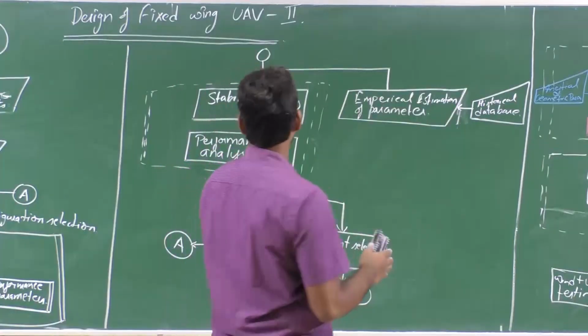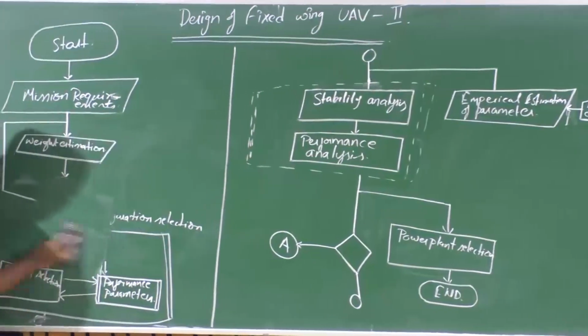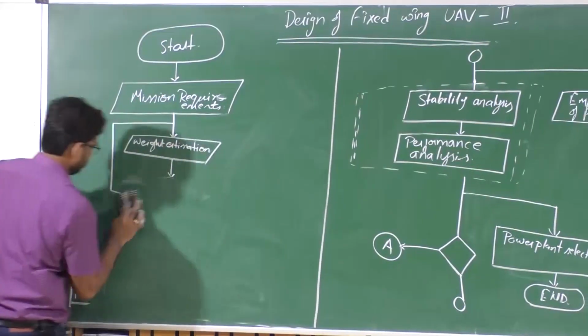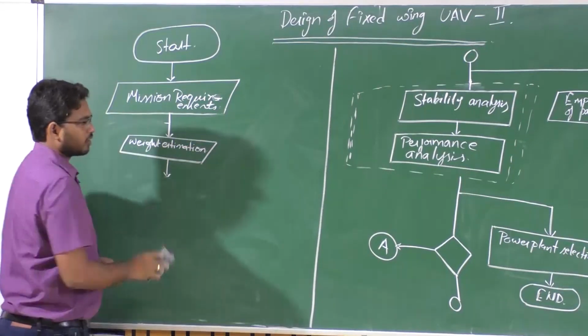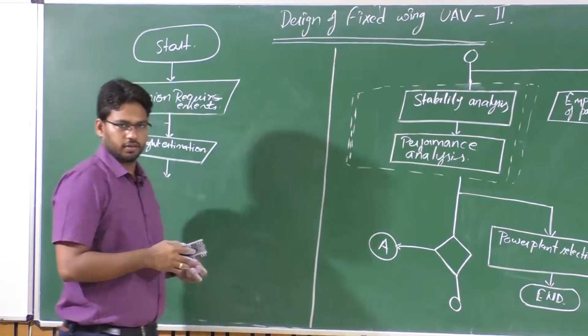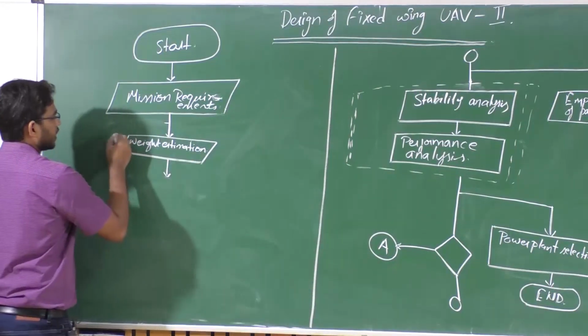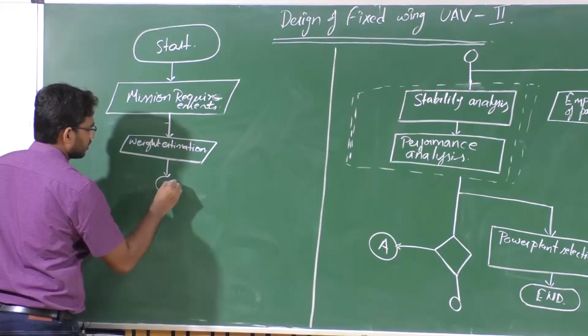So what we'll be dealing with is, coming back to this, in order to get that as an output, we need to give certain inputs in terms of non-dimensional geometric parameters. What we have is a weight estimation, and up to this it is similar.